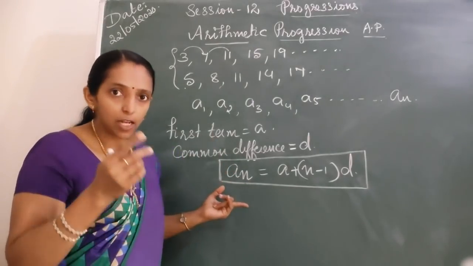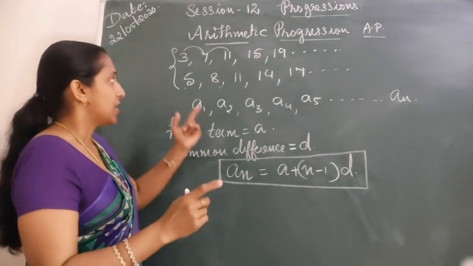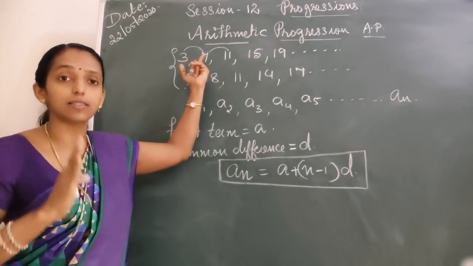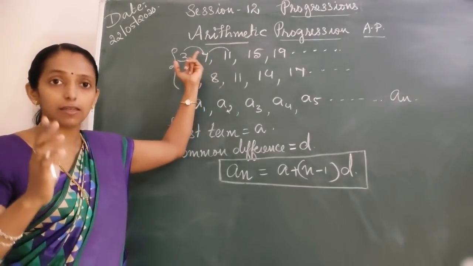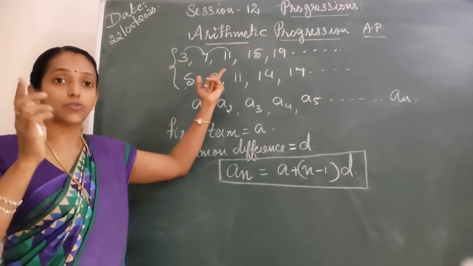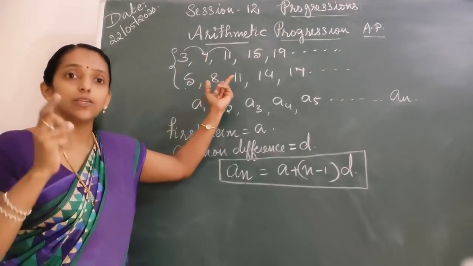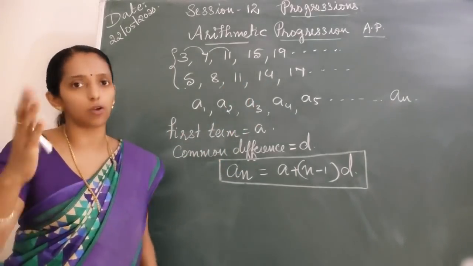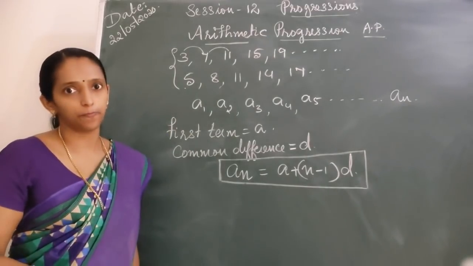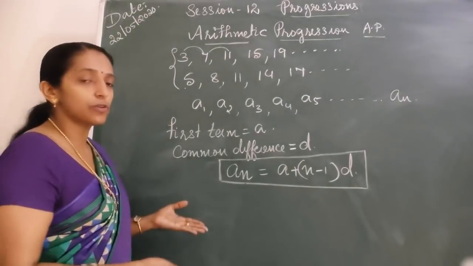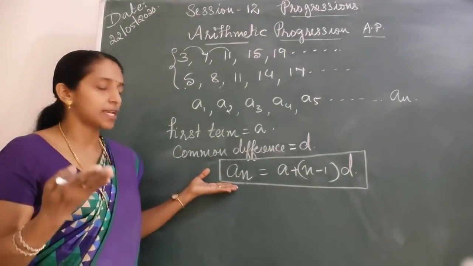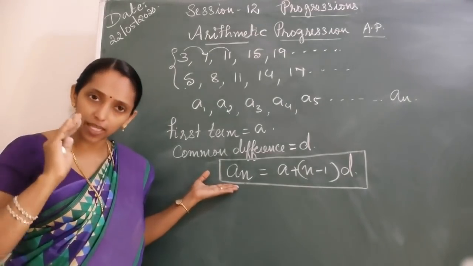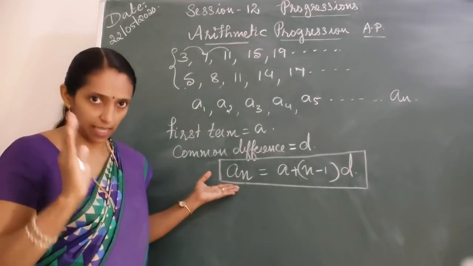Then you will get the values of A and D. If you get the value of A as well as D, you can construct the AP, because you have to add the common difference to the preceding term. So if two terms are given, you can find the common difference, the first term, and construct the sequence.